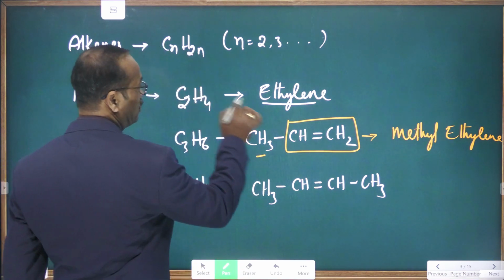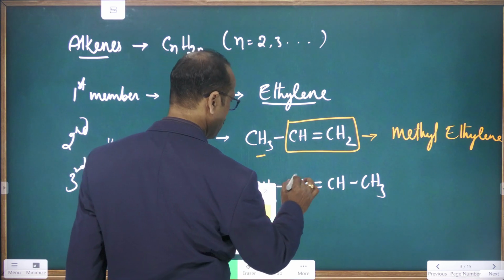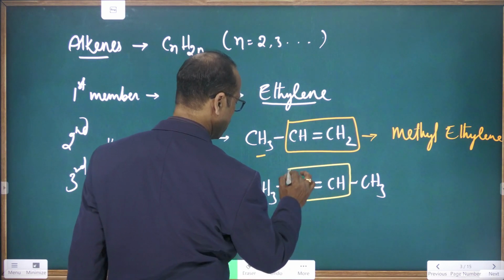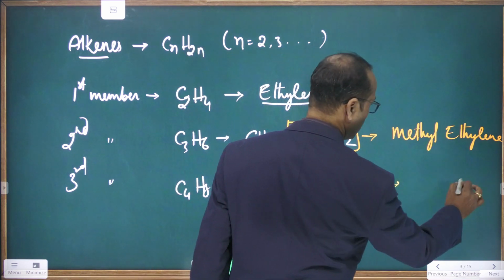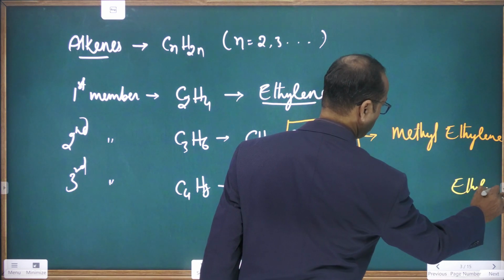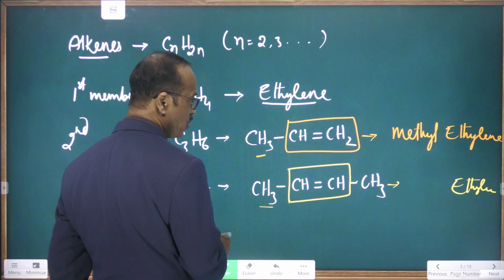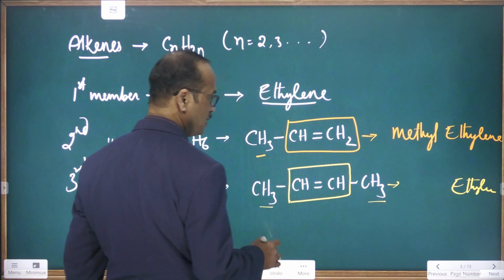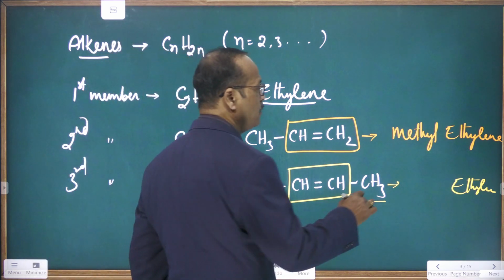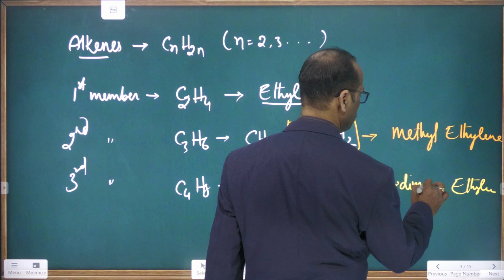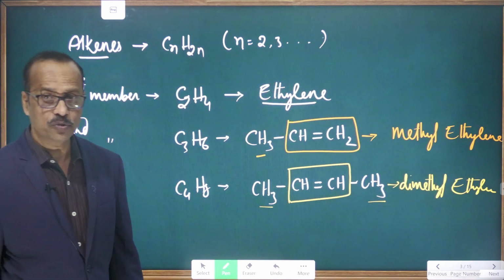This is an alkene, so I want ethylene, where the double bond is present. I'll separate the double bond. This is ethylene, so first I'll write ethylene. This is common for all. Now you see this side what is there? CH3, which is called methyl. Here also CH3, also called methyl. So total how many methyls are there? 2. So write dimethyl. Dimethyl ethylene. Clear to you?